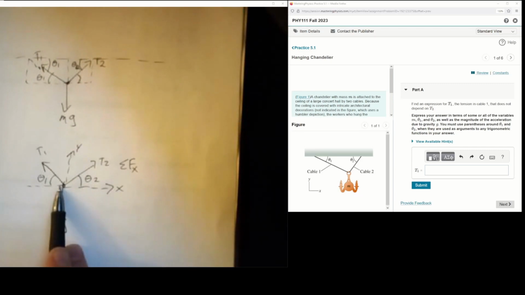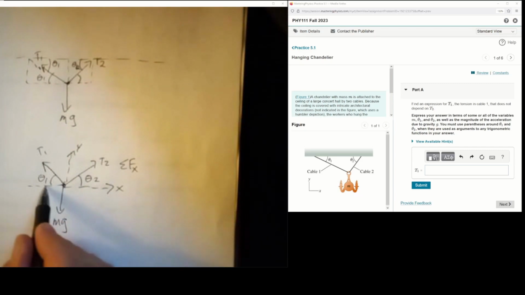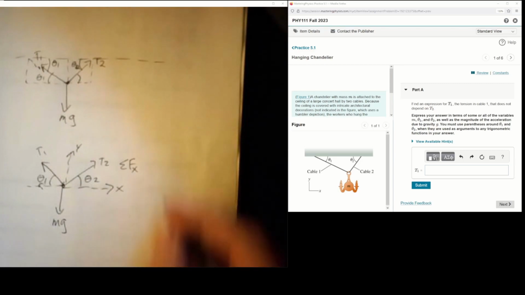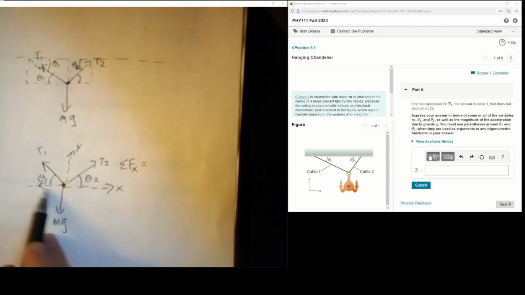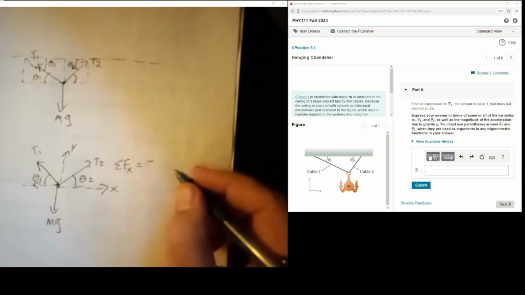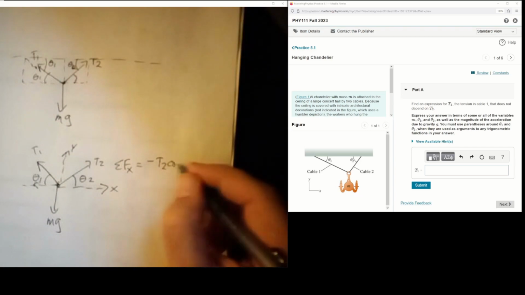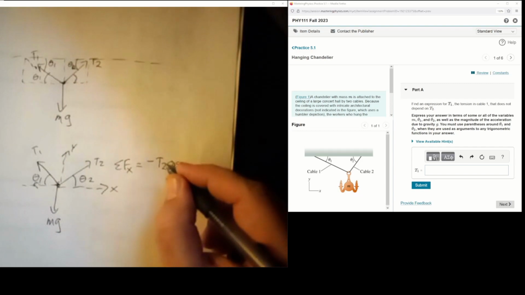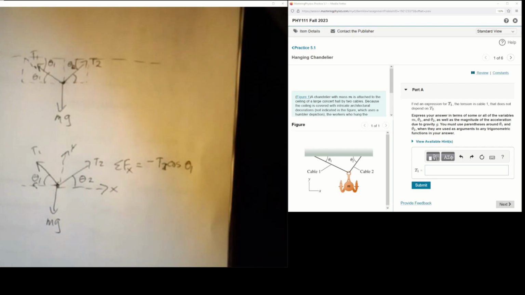And we have this T1 component right here going to the left. That's the adjacent side for this right triangle, and what gets us adjacent is cosine. So this component, pointing in the minus direction, is T1 cosine theta 1.